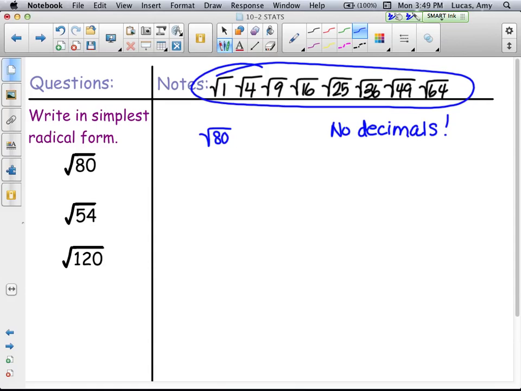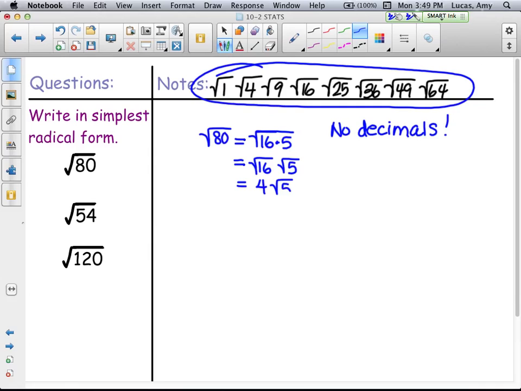So, for example, 80, I happen to know, is the same as 16 times 5. So if 80 is the same as 16 times 5, I can split 16 and 5 and write them as their own radicals, and then I know that the square root of 16 is 4.